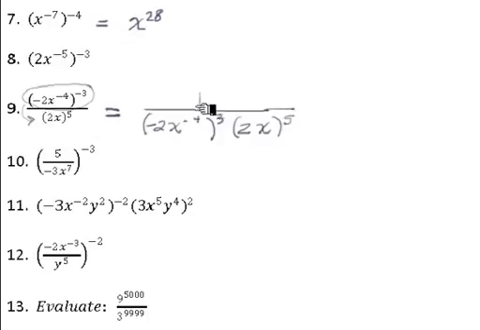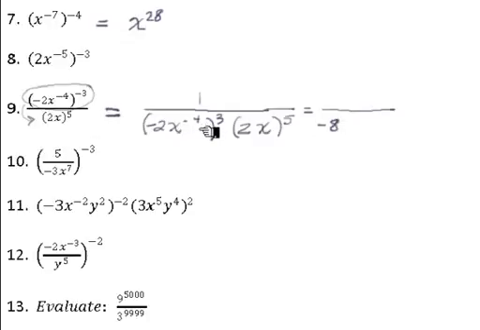Notice that when we bring this expression to the denominator, this exponent stays as -4. We basically just copy whatever's inside parentheses exactly as is into the denominator. The only thing that changes is this exponent. All right, so now we're ready to open up parentheses. Here we have -2 cubed, that's -8.